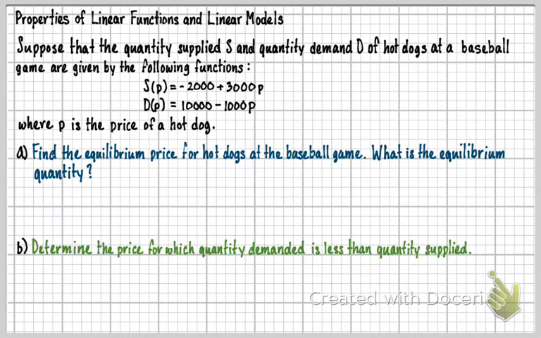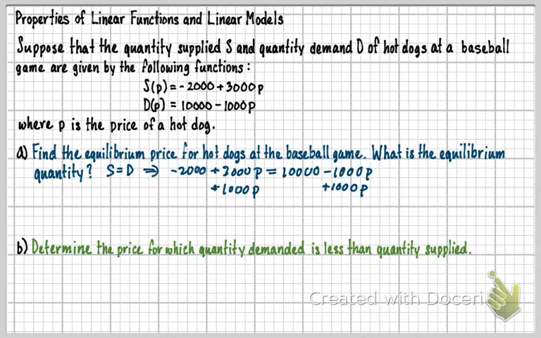So the equilibrium price, to find that is where my S equals D. So that would imply then that negative 2,000 plus 3,000 P equals 10,000 minus 1,000 P, and I just have to solve for P here. So what I'm going to do first is add 1,000 P to both sides.